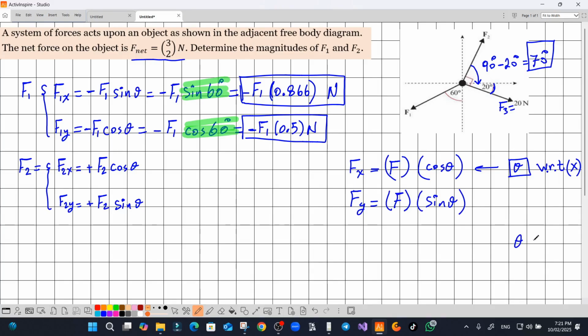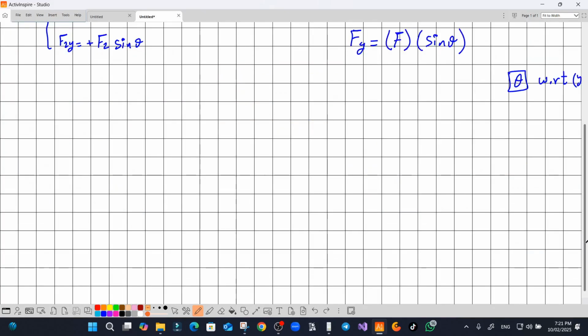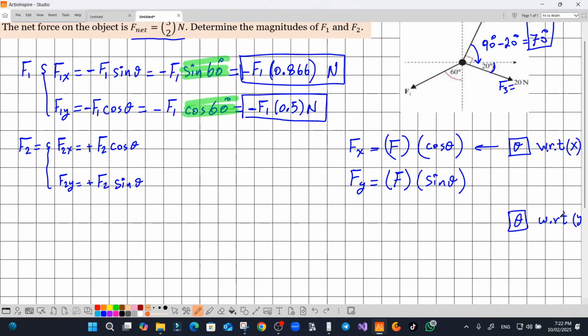And if the angle is with respect to the y-axis, then instead of applying the cosine for the x component, we're going to apply it for the y component. So now cosine should be here to give birth to Fy.